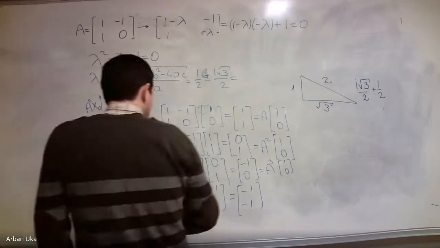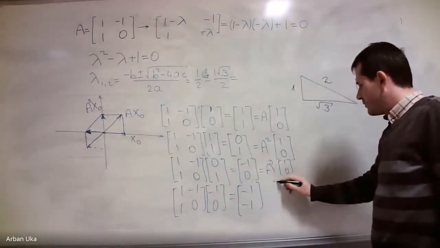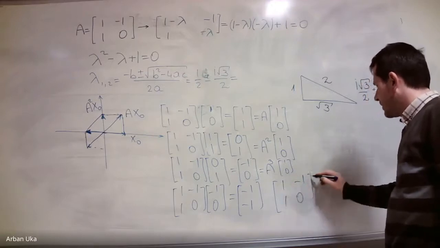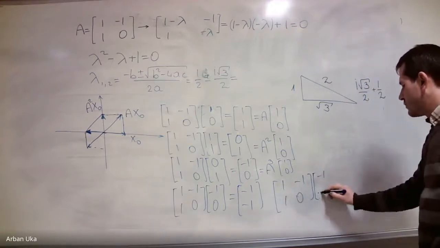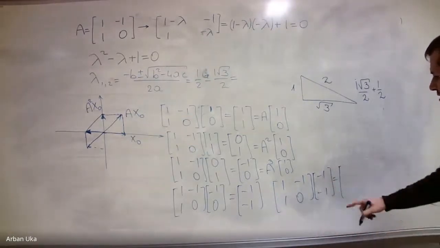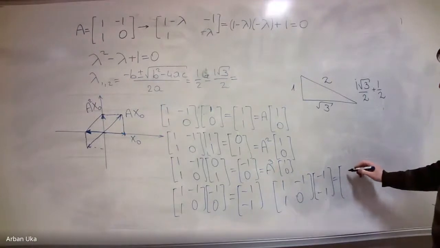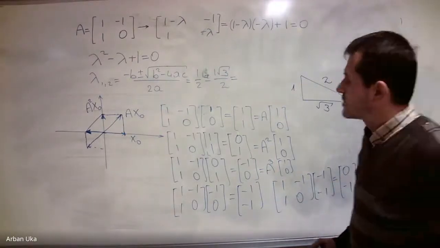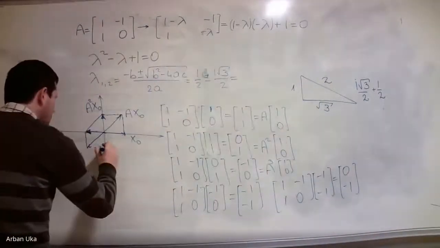If we keep doing the same thing, we apply now 1, -1, 1, 0. We multiply with -1, -1. So we're just observing how we are going to rotate this vector. Now we get, I believe, 0, -1. So we get this vector here.